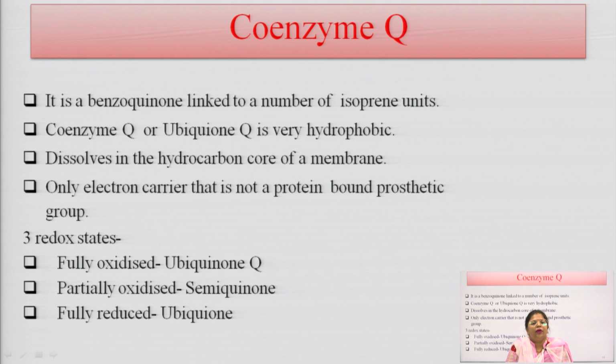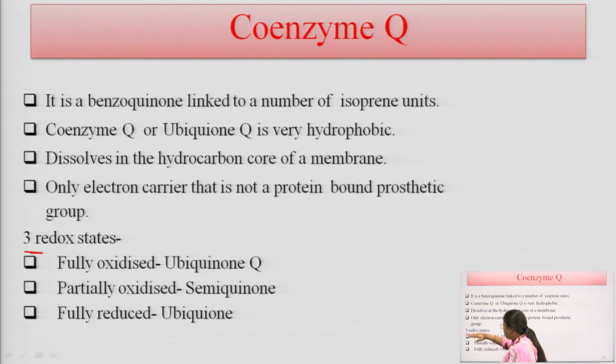Coenzyme Q, or ubiquinone, is hydrophobic in nature and dissolved in the hydrocarbon core of the membrane. It is the only electron carrier that is not a protein-bound prosthetic group.